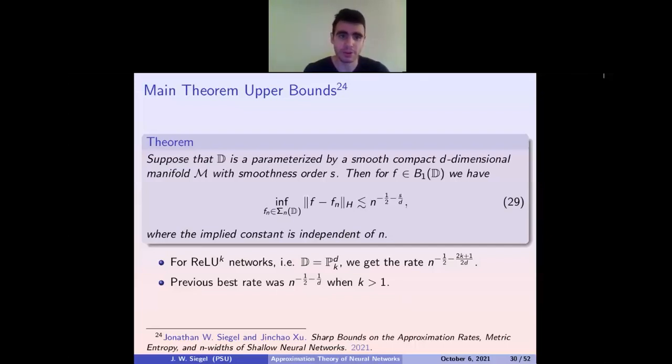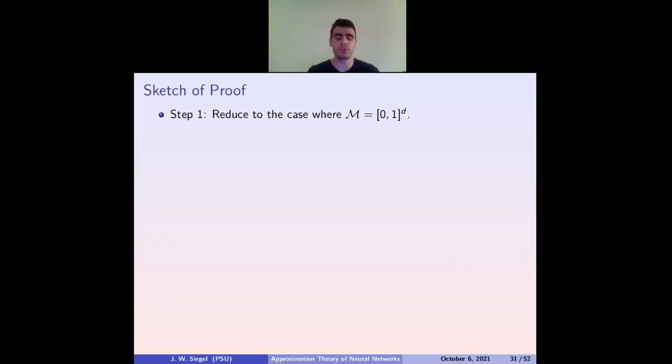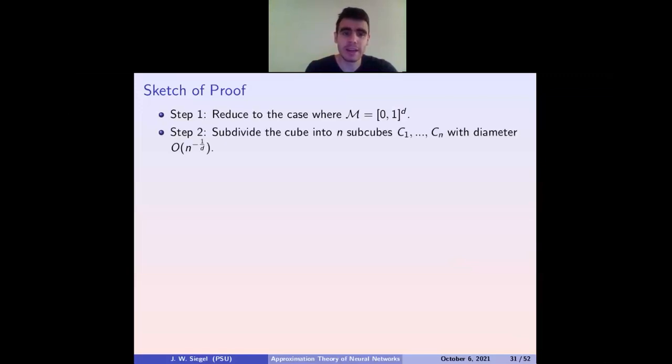Okay, so let me briefly sketch a proof of this. Basically, we reduce to the case where the manifold M is a cube. This is a technical reduction. Now suppose the manifold M is a cube. We subdivide the cube into subcubes, and if we allow ourselves n subcubes, the diameter is going to go as n to the -1 over d.